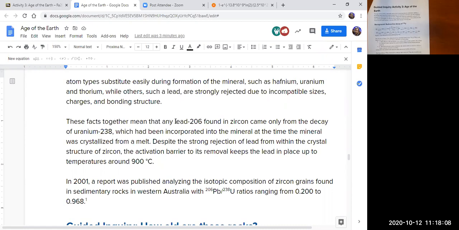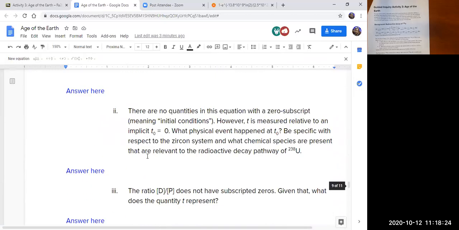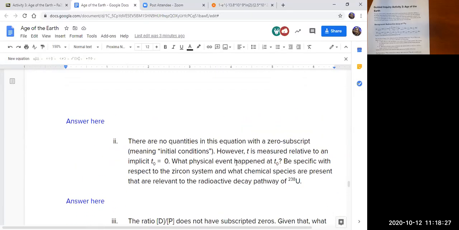So time zero, when the concentration of lead in the system was 0, was when the mineral crystallized from the melt. So our answer to what physical event happened at time T0 is that the zircon crystallized from the melt with uranium present and no lead present.